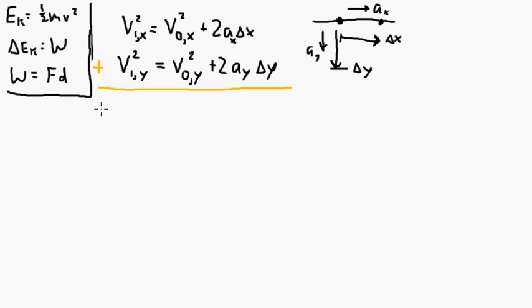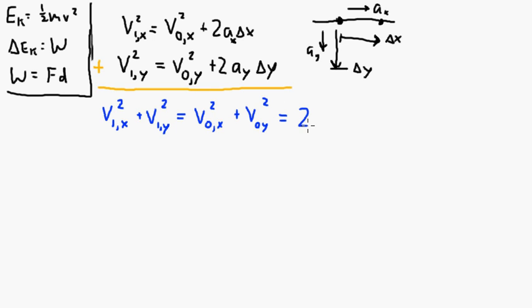You might be surprised, although maybe not if you've been paying attention up till now. But we have v1x squared plus v1y squared. This is the x and y components of the final velocity, v0x squared plus v0y squared. So that's these two terms adding up here.